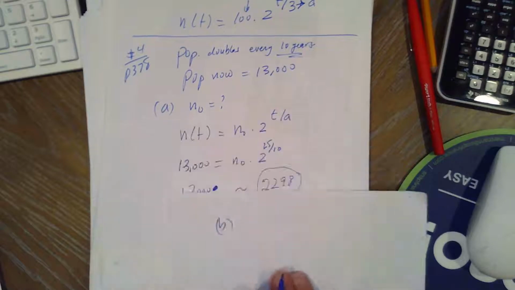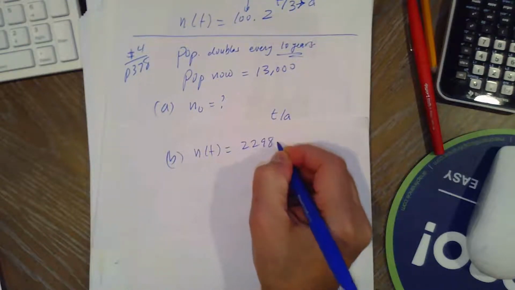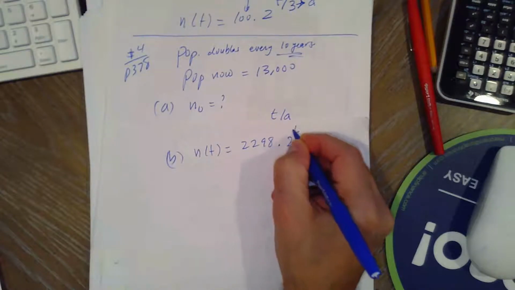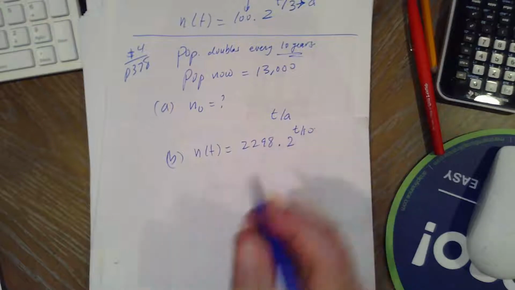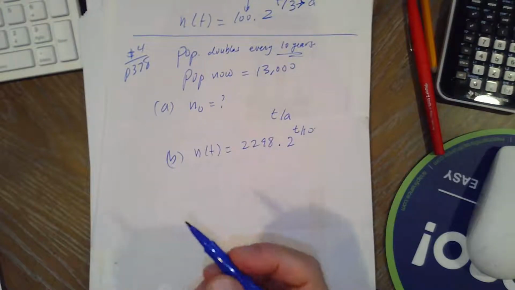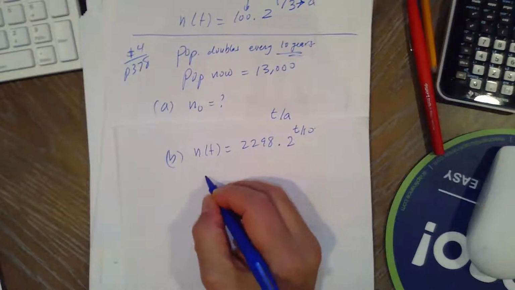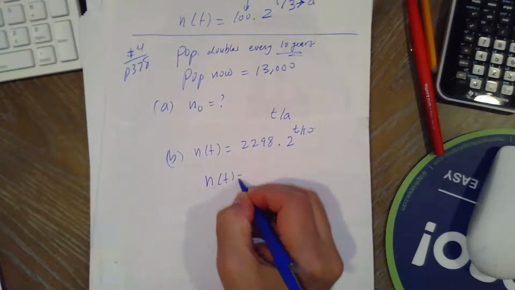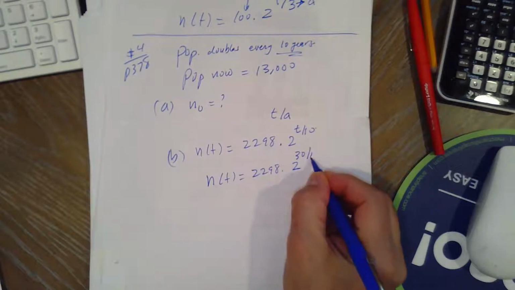So now we have the formula N of t equals 2298 times 2 to the t over, what's the doubling? 10. So 5 years from now, so N of t equals 2298 times 2 to the 30 over 10.